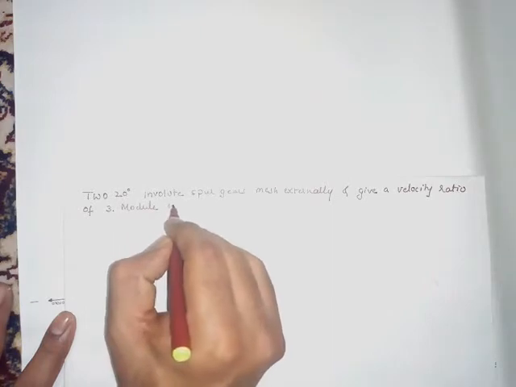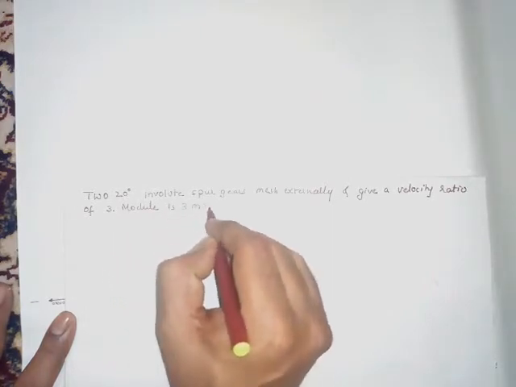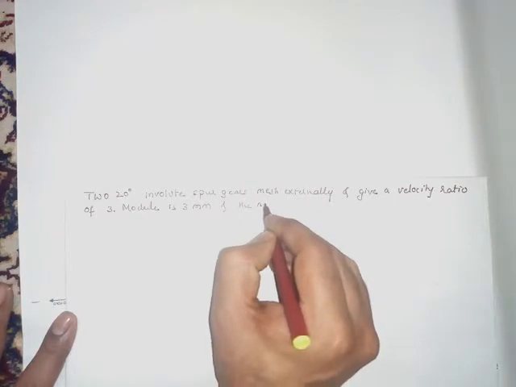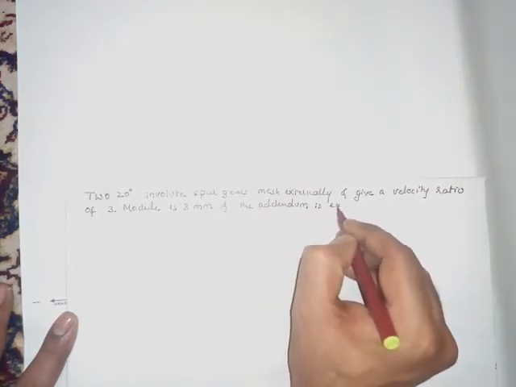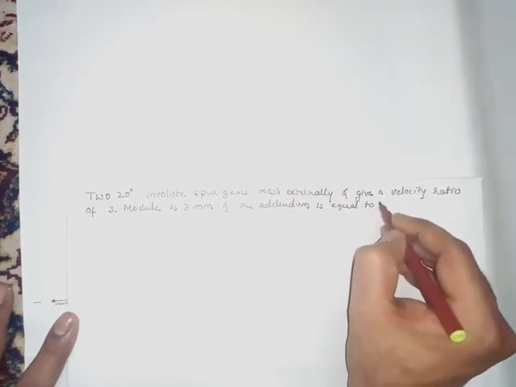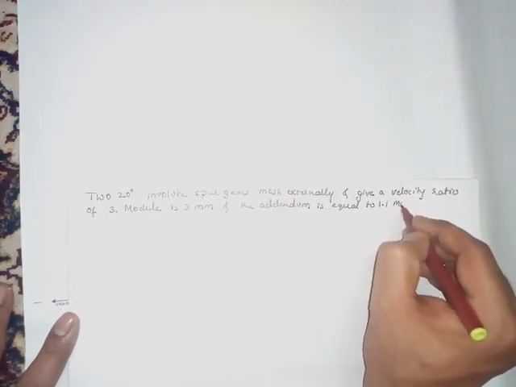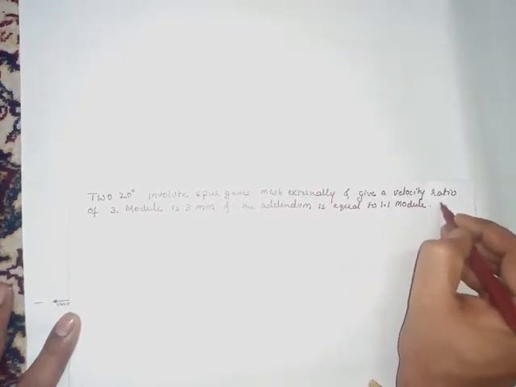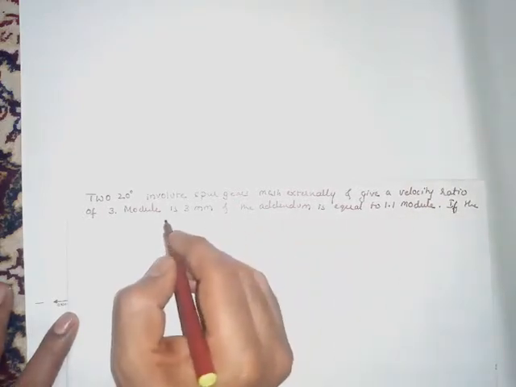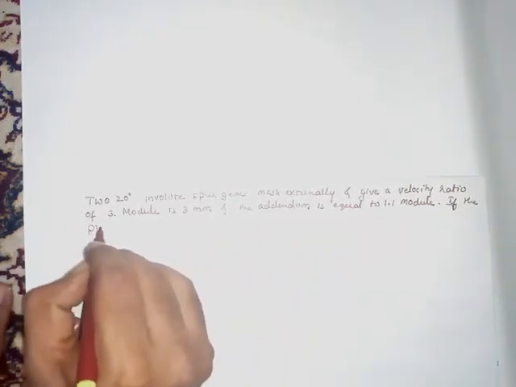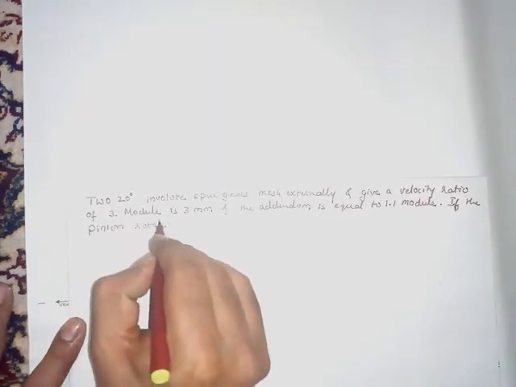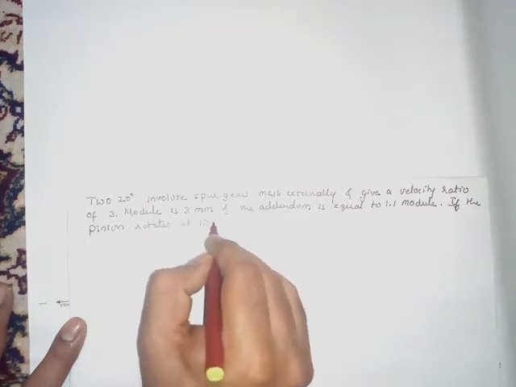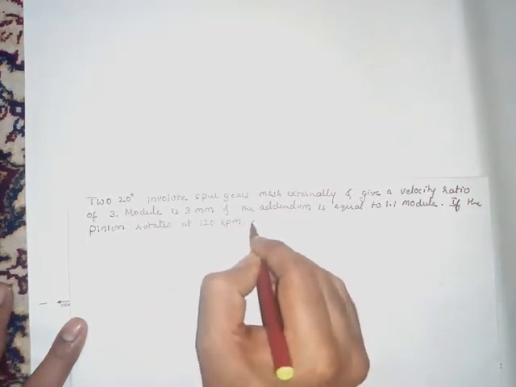Module is 3 mm and the addendum is equal to 1.1 module. If the pinion rotates at 120 rpm, determine.